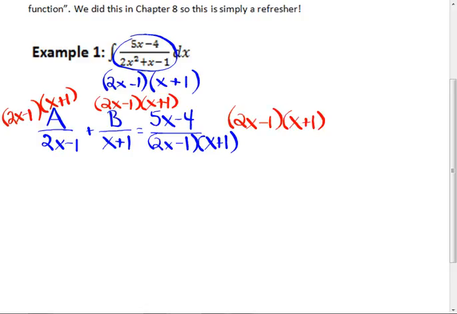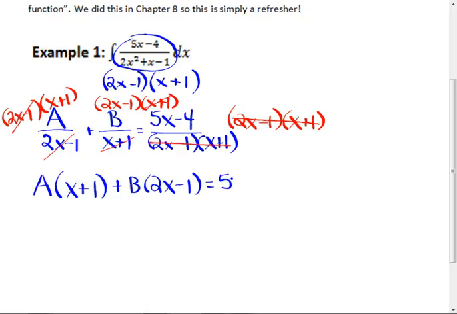The 2x minus 1 is going to cancel from this one, the x plus 1s will cancel with this one, and they'll all cancel with the other side. So I'm going to be left with A times x plus 1. Now we don't have to worry about the fact that it's a sequence, because this x can be anything. Well, there's a couple of values it can't be, but for the most part it can be anything. Equals 5x minus 4.